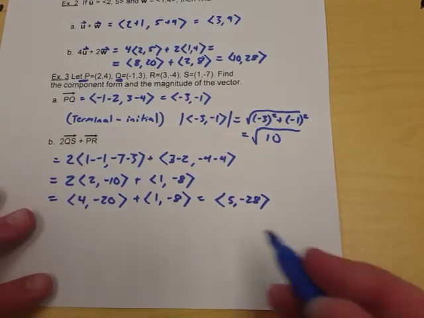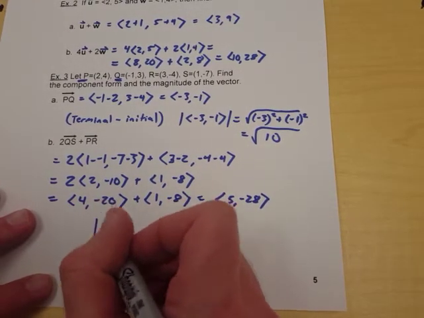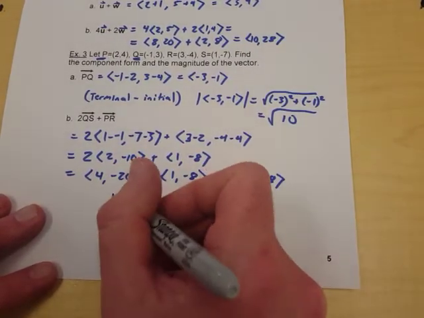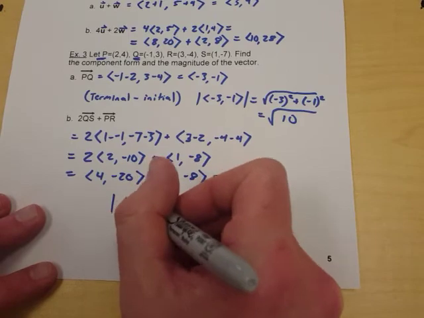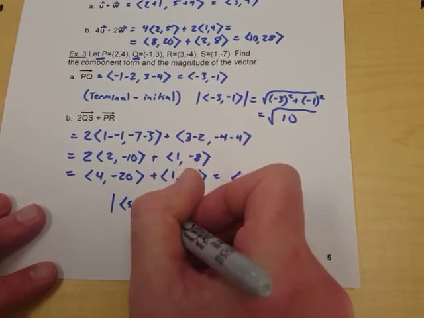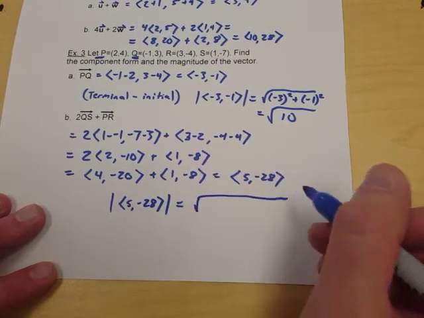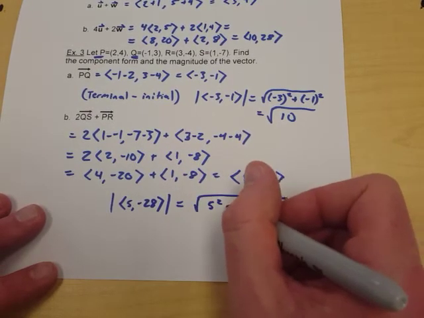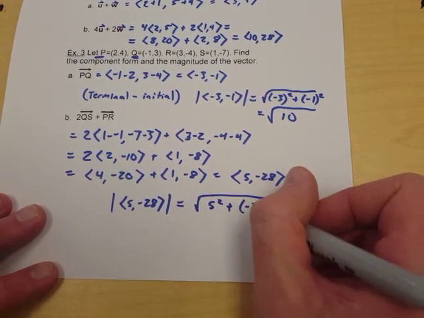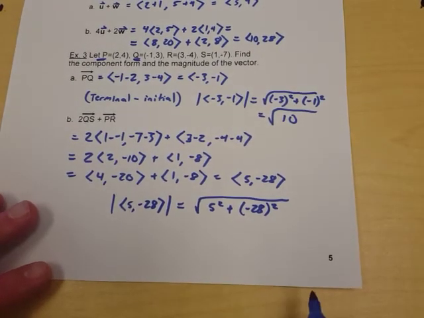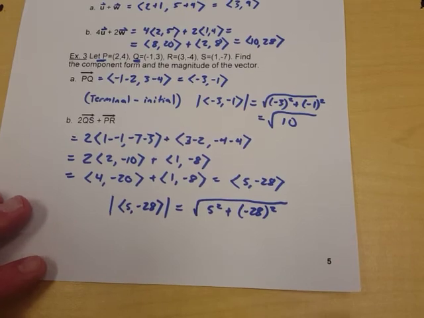The magnitude again is found by exactly the same formula that we did before. And so the numbers will be a little greater in this one. We're going to have the square root of 5 squared plus -28 squared, and then you can simplify that from there. I think you can take that one the rest of the way.